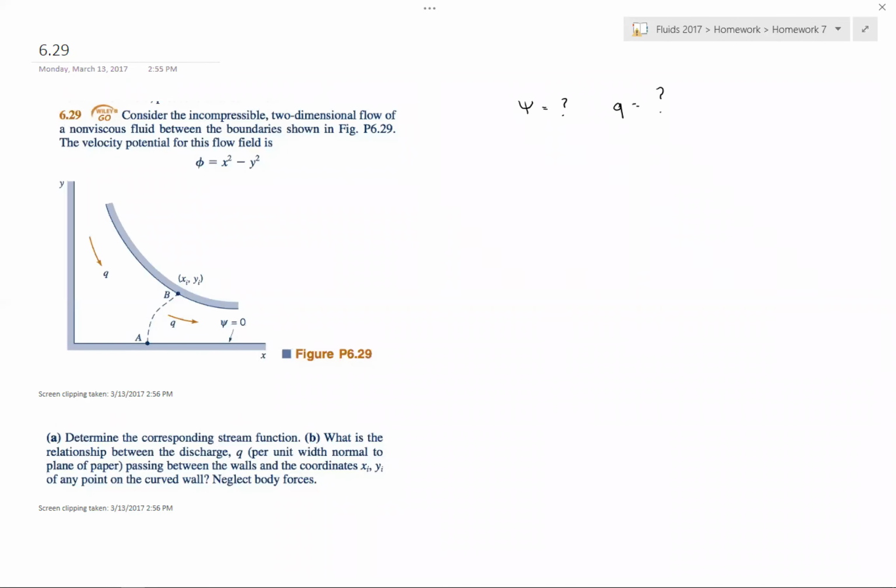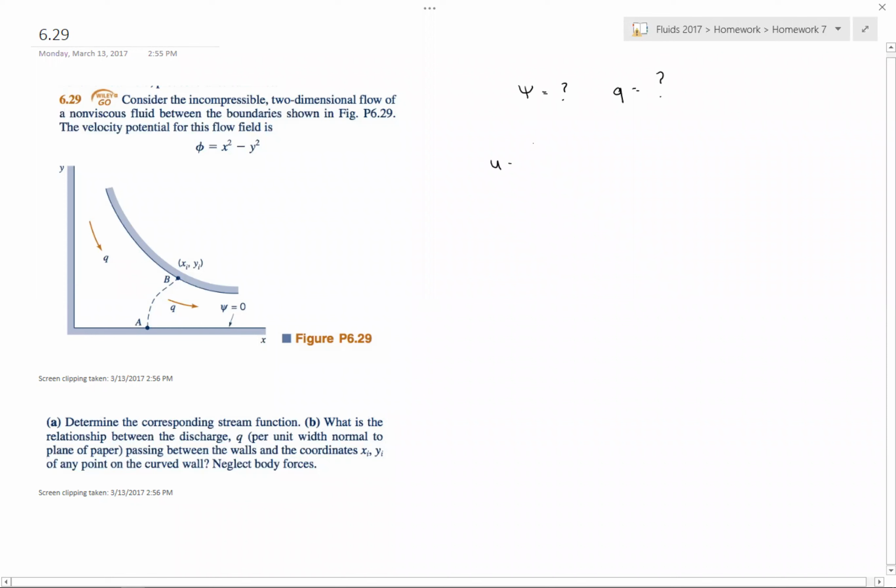So before we find the trident, we do have to find U and V. So we know that U is equal to d trident, I'm going to use that from now on, and V is equal to this. However, U is also equal, and this one I know, d phi dx.